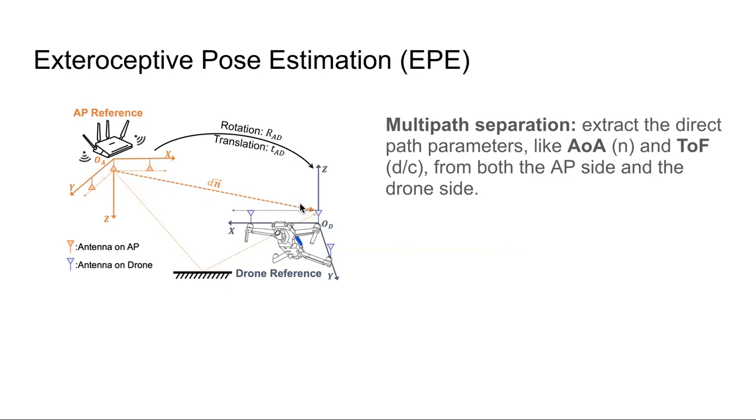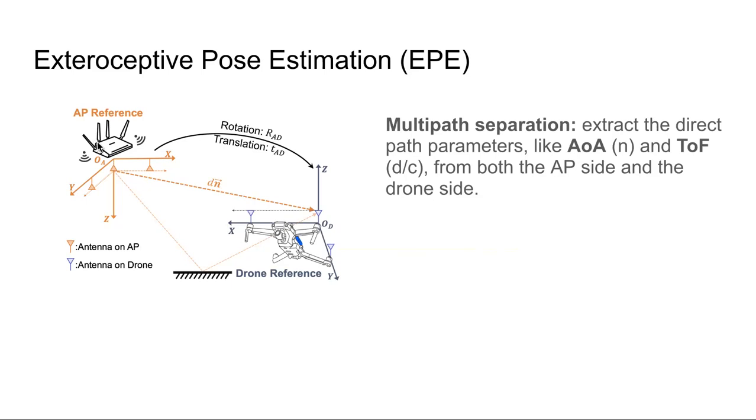So we can estimate the orientation. Now the problem is that we have two coordinate frames. We have the coordinate at the access point, denoted as OA, and the coordinate at the drone, denoted as OD. At any time we want to estimate the transformation from one coordinate to the other, and there are two types of matrix.